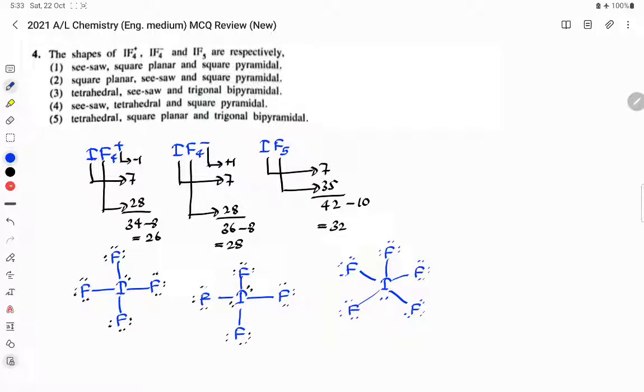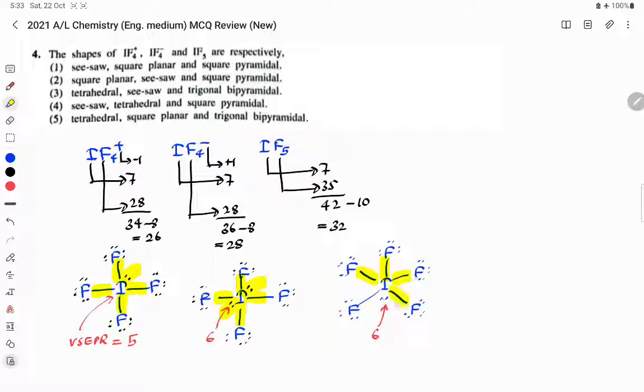And then let's go for the shapes. To get the shapes, we have to calculate the number of VSEPR units. Here it will be 1, 2, 3, 4, 5. 5 units. This iodine has 6. This iodine has 6. Let's count that. 1, 2, 3, 4, 5, 6.